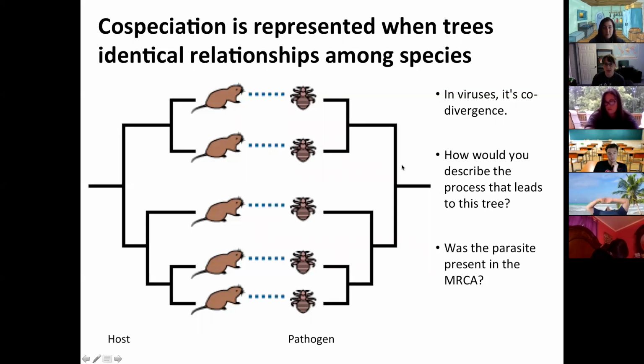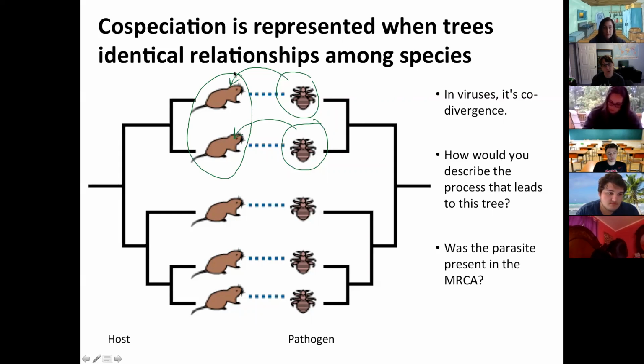And then you would see that this parasite could only infect this host, and this parasite would only infect this host. And these 2 are sister taxa, and these 2 hosts are sister taxa. Okay? In this process, the formation of new clades is co-speciation.